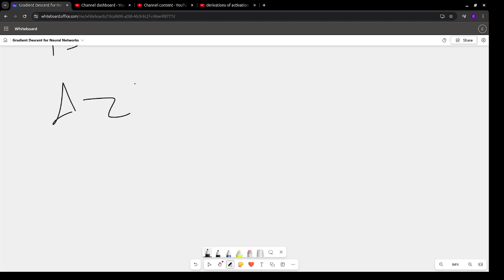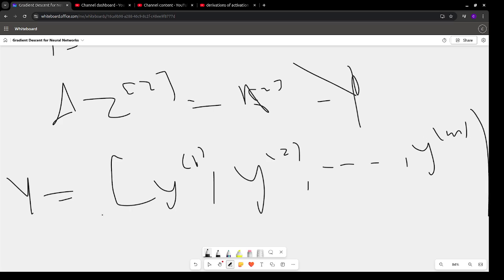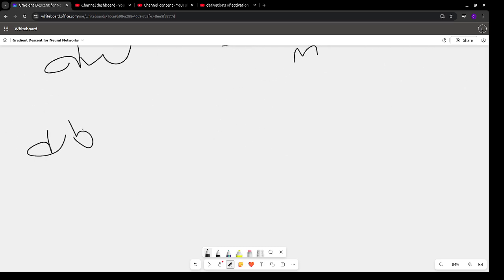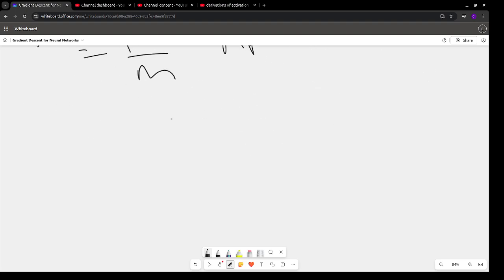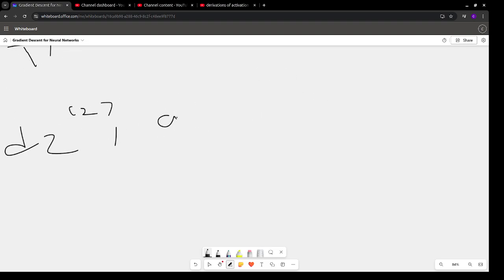So dC2 equals A2 minus y. Then y is equal to y1, y2, until yn. And dW2 will be equal to 1 upon m, dC2 times A1 transposed. Then db2 will be equal to 1 by m, and we sum dC2 with axis equals 1, keepdims equals True.